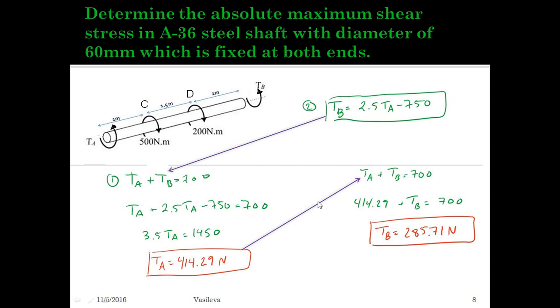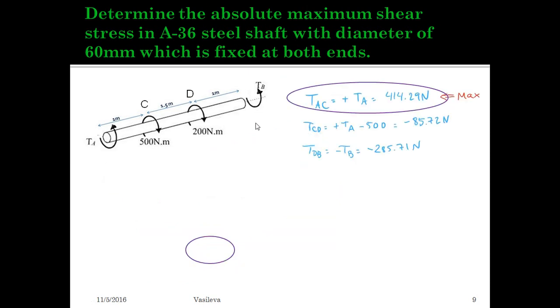What do we have to do? Remember, we have to determine the absolute maximum shear stress. To do that, we have to determine the internal torques at every section. Now we know what TA and TB are. We said that TAC is positive TA, TCD is TA minus 500, and TDB is negative TB.